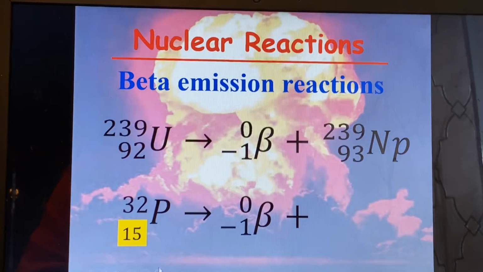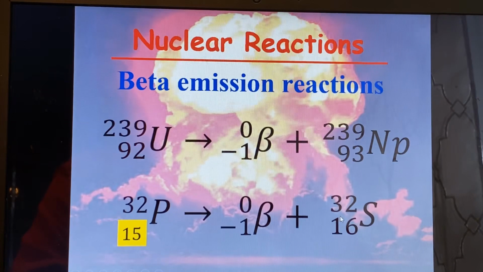P is 15. So atomic number 15, and the mass of our missing particle is 32. For the atomic number, what plus -1 equals 15? 16 plus -1 equals 15. So our missing particle, because it's atomic number 16, is a sulfur atom. So phosphorus-32 will decompose into sulfur-32. And that's a beta emitter.